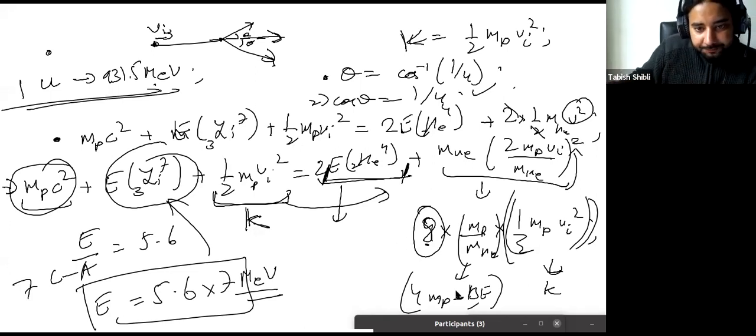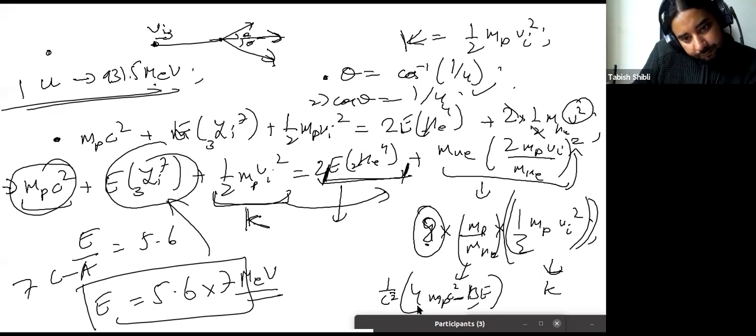This is m_p c squared. You can just take it to be 1 by 4 approximately. That's fine. It will be 1 by 4.